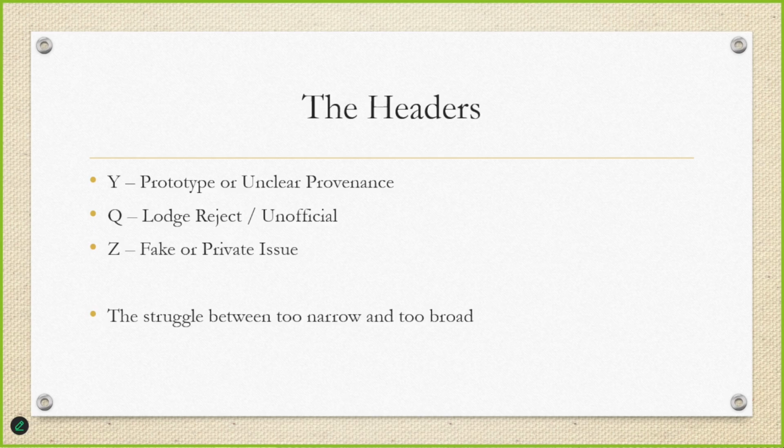But maybe, when it was originally listed, unfortunately, maybe there's a descriptor there, maybe there's not. People tend to assume the thing that gives the item more value when they're the one selling it. And when it's listed as a Y, people will tend to assume that it is a prototype and that it's very good, compared to we just don't know what it is. And so what kind of value does something we don't know what it is have?